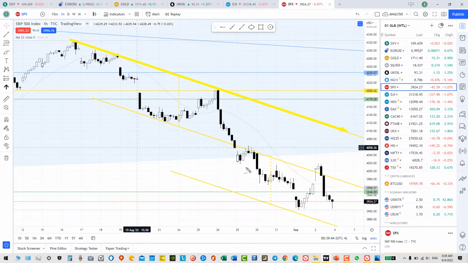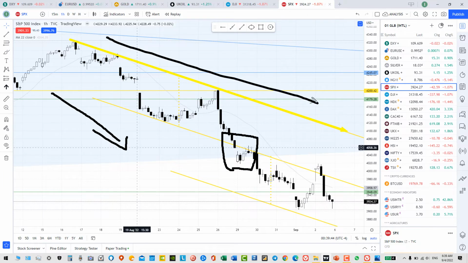We should notice that the channel line of the hourly chart is also broken, and we all know that the break of the channel line is increased strength in the prevailing trend. So this ultra short trend is a downtrend.